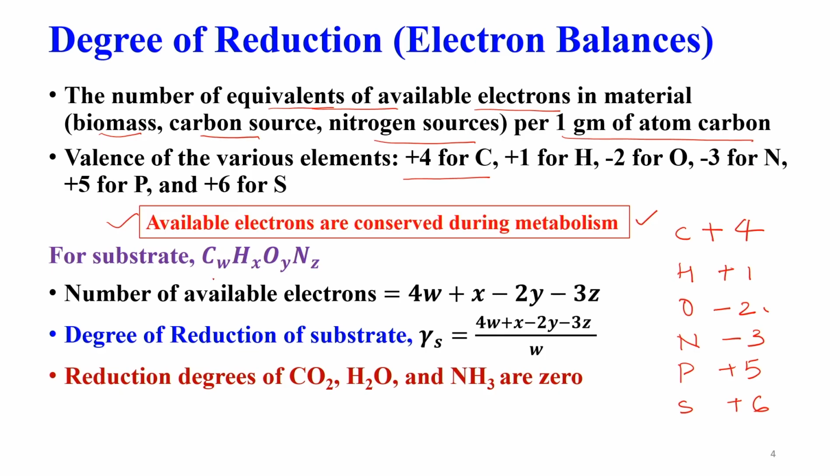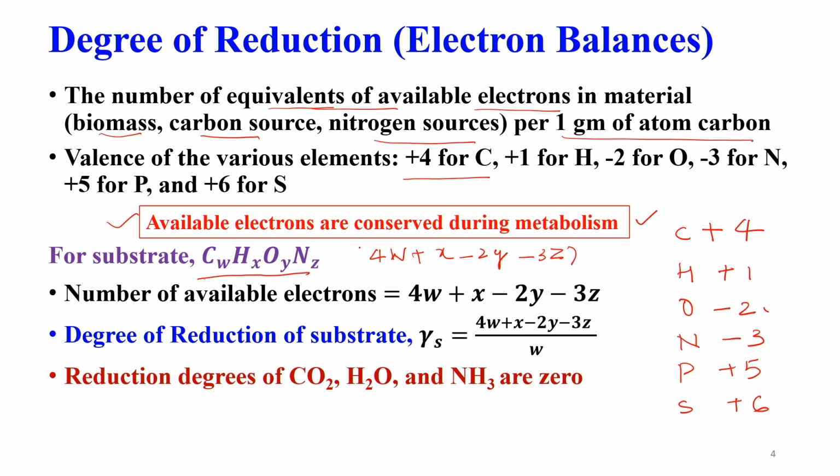Now, let us say this is your typical formula for a substrate, CwHxOyNz. First we have to calculate the number of available electrons. For carbon, the valence is plus 4, so this will be 4w. For hydrogen plus 1, this will be 1x. Oxygen minus 2, so this will be minus 2y, and nitrogen minus 3, so this will be minus 3z.